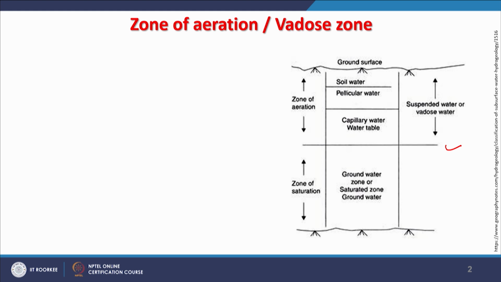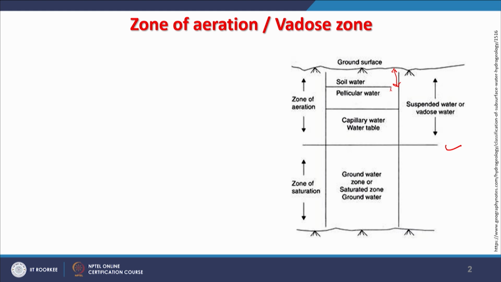This is the top part above the water table, and if we divide this zone of aeration, then three sections are there. One is the top part, the soil water. Generally you get soil of 1 meter, 1.5 meter, maybe less also. That water is basically the moisture where plants grow.